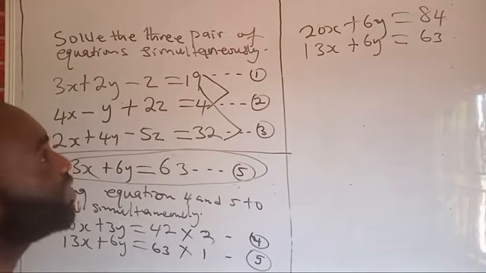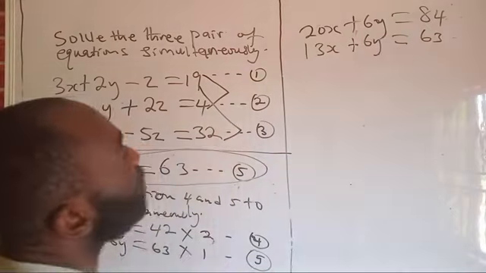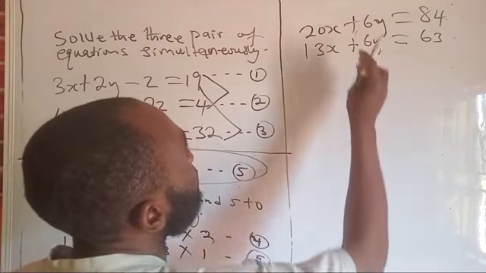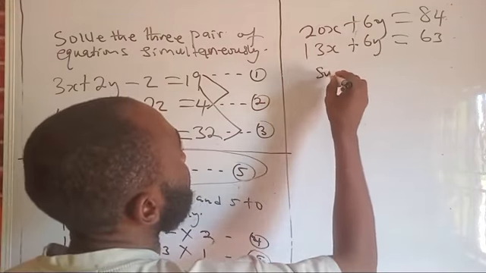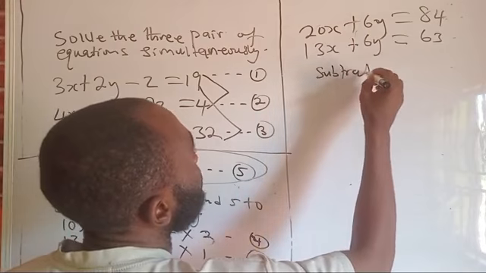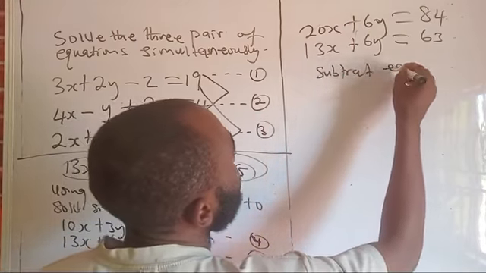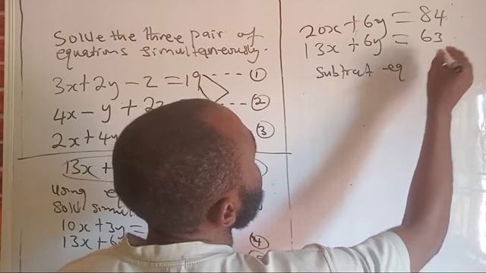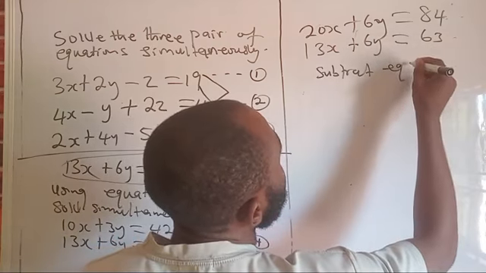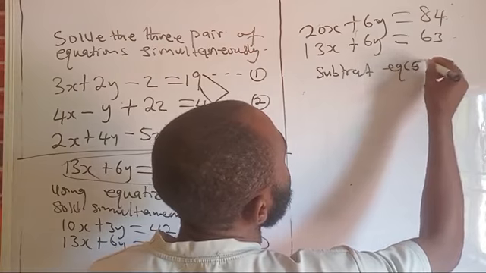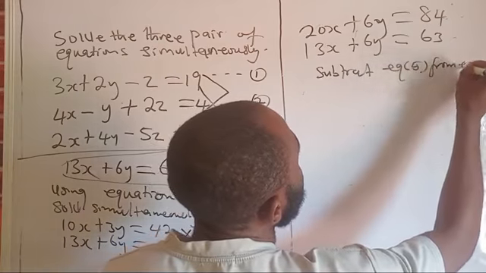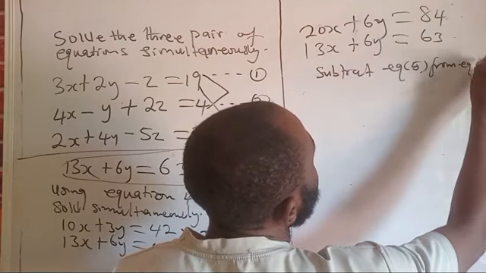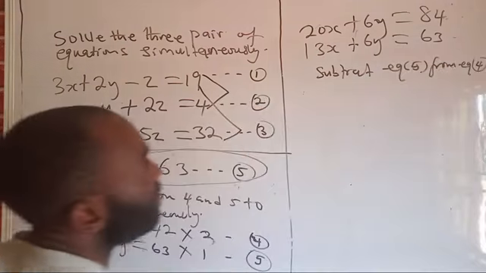So for us to be able to eliminate y, we are going to subtract equation 5 from equation 4, right?